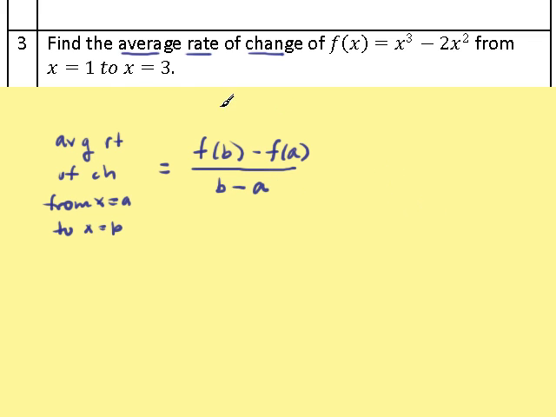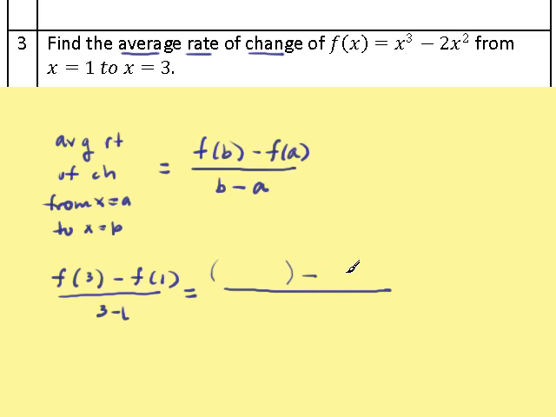So in our case, we have x equal 1 and x equal 3, so we're looking at f of 3 minus f of 1 over 3 minus 1. All right, so let's do f of 3 right here and f of 1 right here.